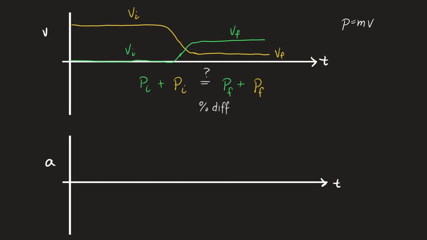But there's something else I want you to do. The acceleration graph should have something like this. Right? I want you to calculate the impulse for each. Find the area here, and then multiply by the mass of the car.